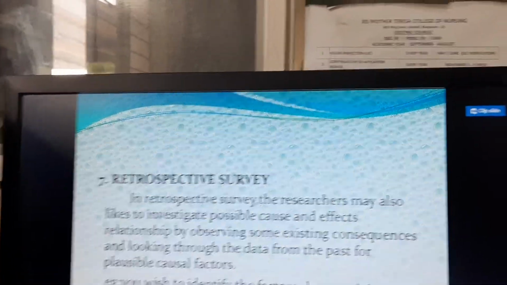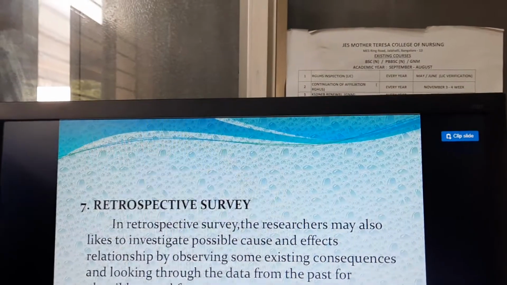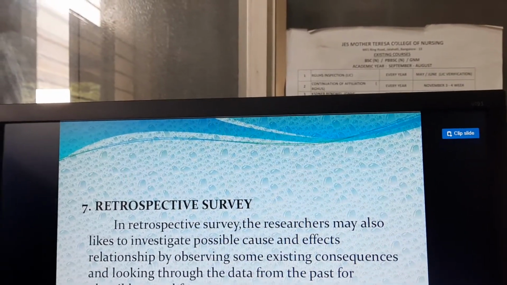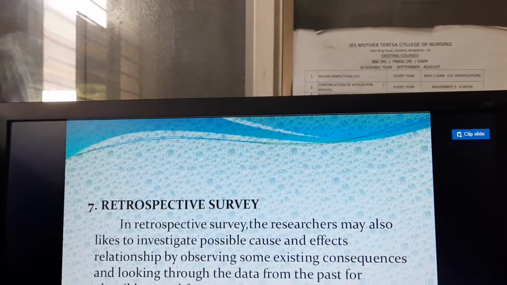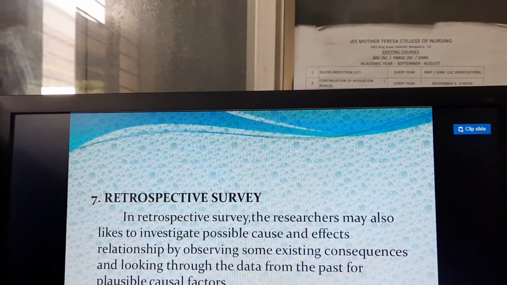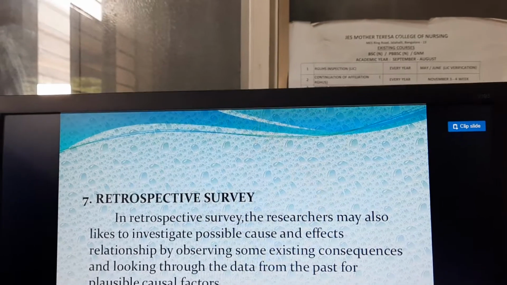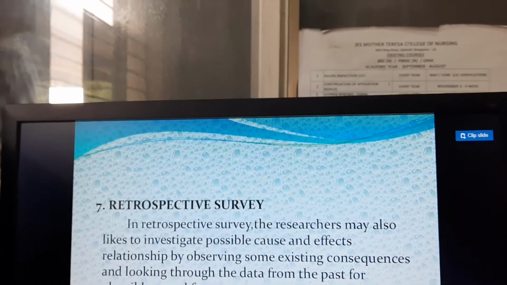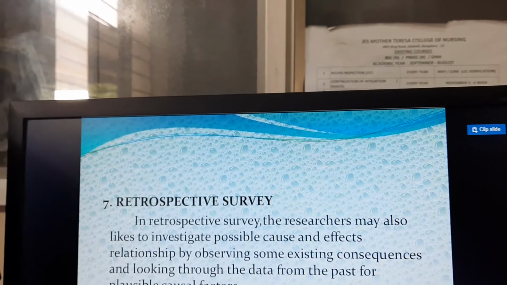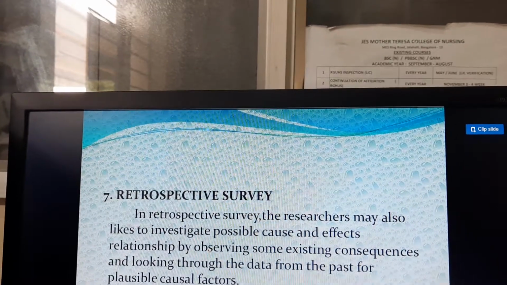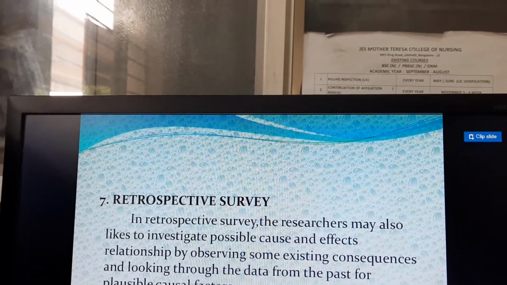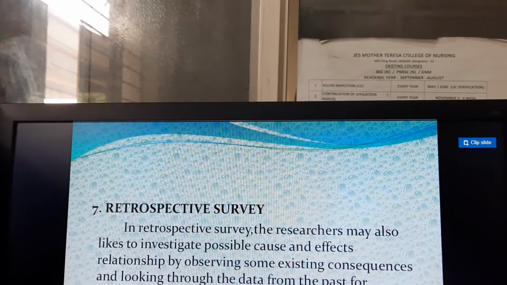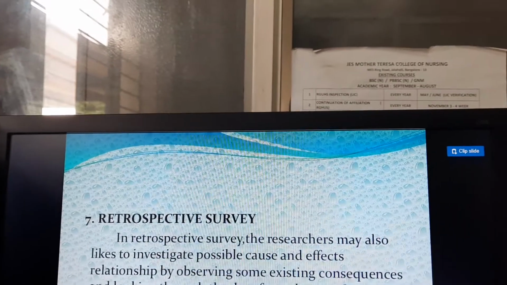For example, you wish to identify the factors characterized by persons having either a high or low accident rate.